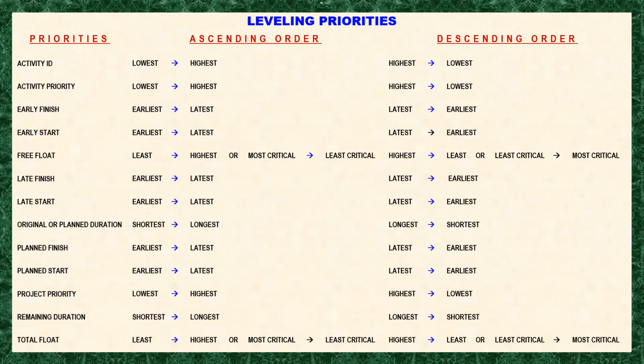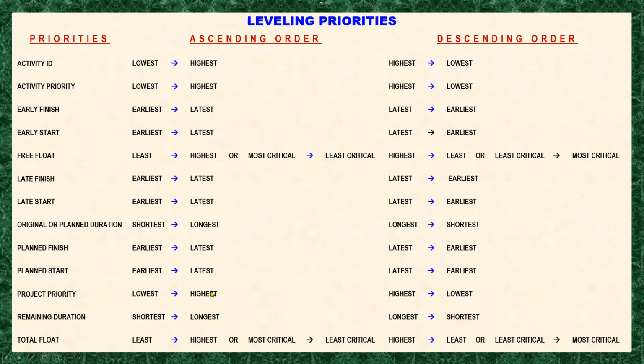So our next episode is, of course, we have to execute the leveling on Primavera. But now, this is all about explaining the concept of resource leveling, and also some terms and definitions being used here.